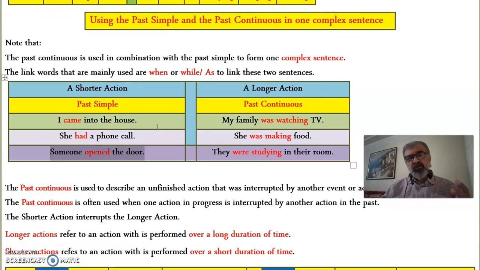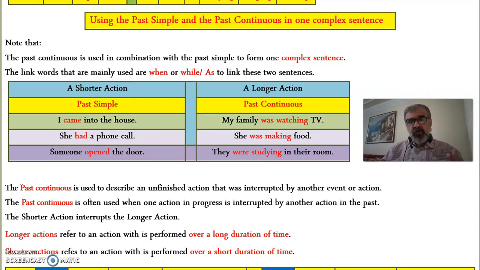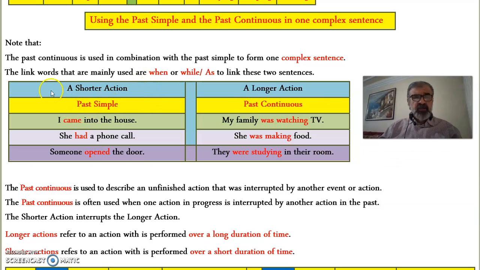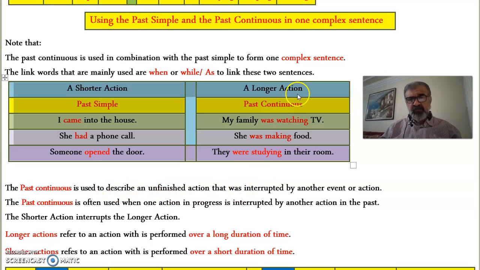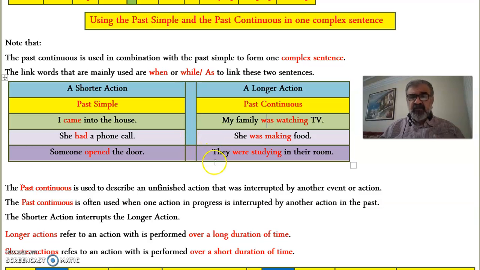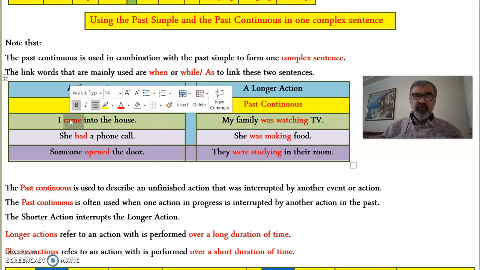So now what we are going to do right now is to show you how to join these two sentences together. The shorter action, which is the past simple, and the longer action, which is the past continuous. Now, the past continuous is used to describe an unfinished action that was interrupted by another event or action. So now, was watching was interrupted by came.